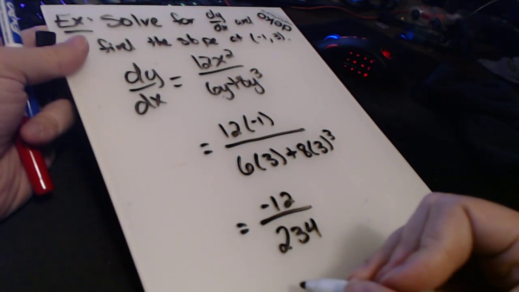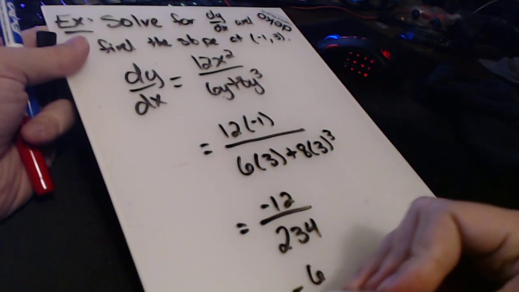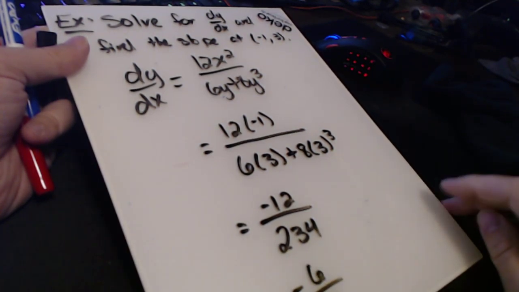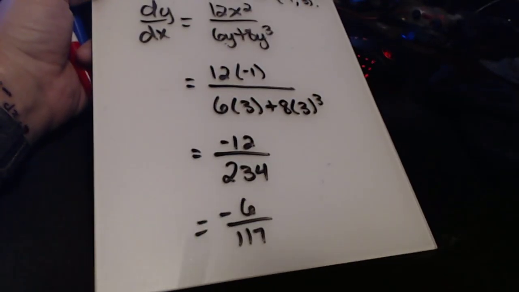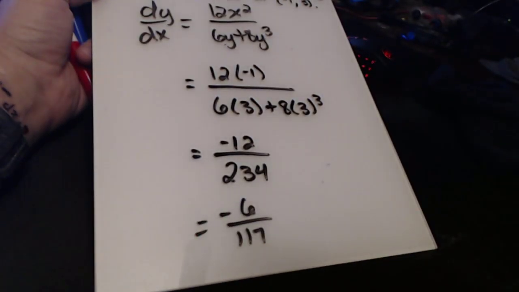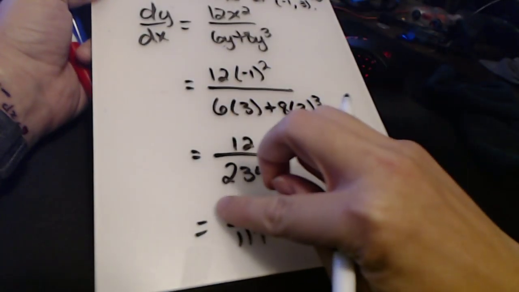So that ends up to be -6 over 117. That seems really wrong. This is why I don't make up problems. Oh, it's 12x squared. Well, you know, that at least gets rid of the negative.